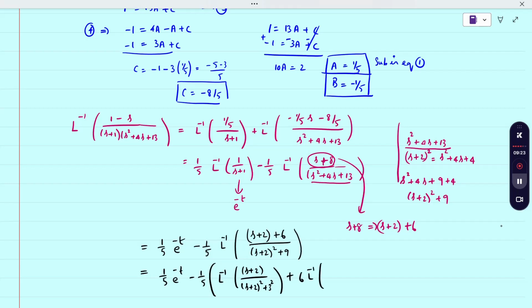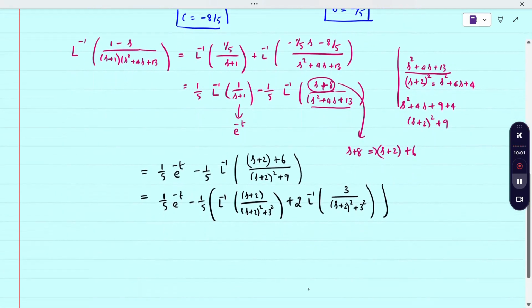For the constant formula I need 3, so I take 2 outside, since 3 into 2 is 6, and keep 3 for the formula. Now check the question: s plus 2 plus 6 is 8. It is the same question, only arranged this way.